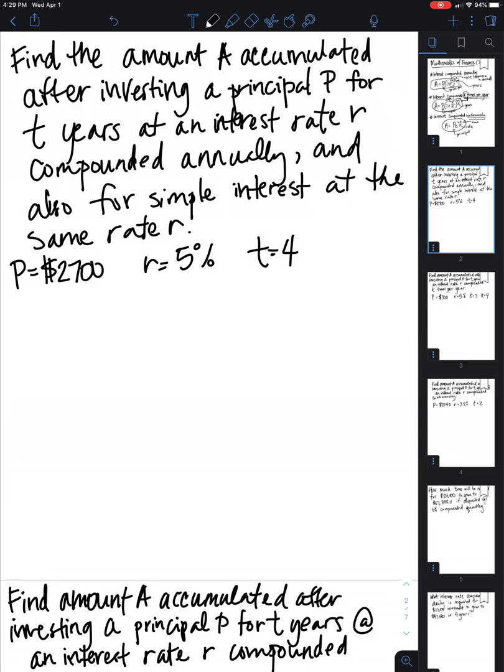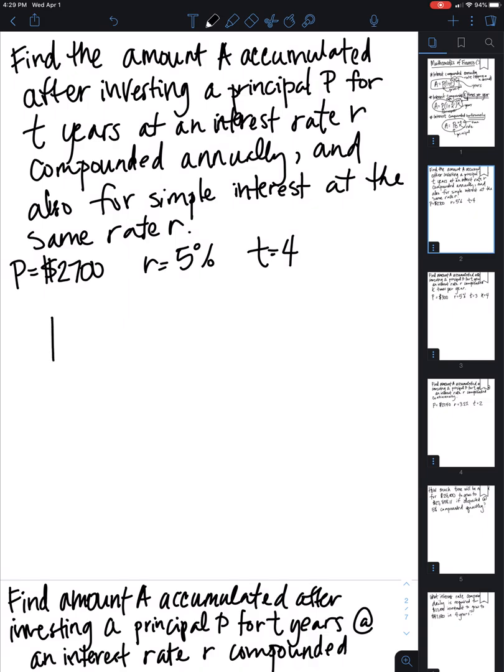I've already written it out, so it saved me a little time. So: find the amount A accumulated after investing a principal P for T years at an interest rate R, compounded annually, and also for simple interest at the same rate R. Looks like they went ahead and changed that letter N to a T, so we'll do the same.